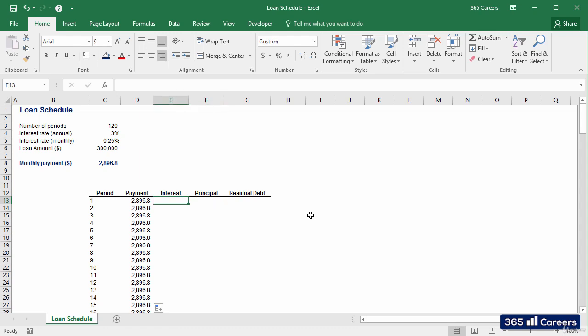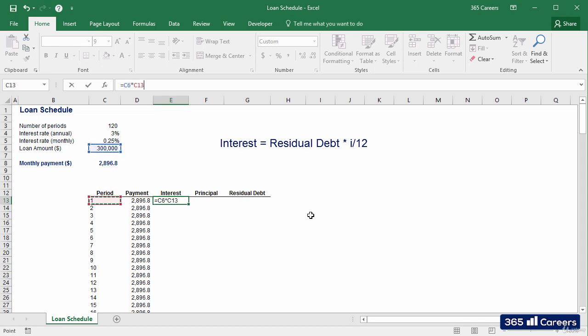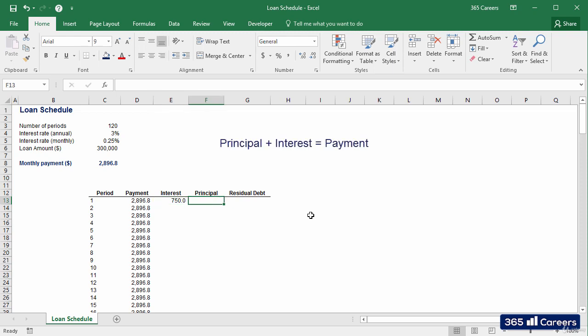In the first period, the amount of interest that will be accrued is based on the whole debt that is drawn, and given that no payments have been made, we have $300,000 times the interest rate, which equals $750. The difference between the payment and the amount of interest is the amount of principal that is repaid.